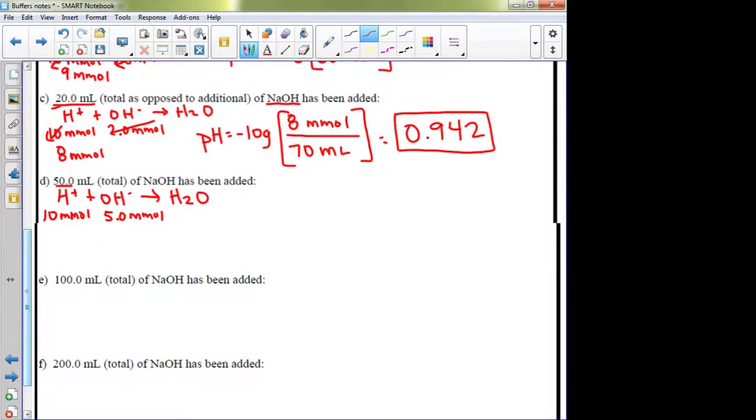So who's still my limiting reactant? OH. So it's all going to be used, and I'm going to be left with 5 millimoles of my H positive. So now my pH is going to be equal to the opposite log of 5 millimoles of my H positive divided by, what's my total volume now? 100.